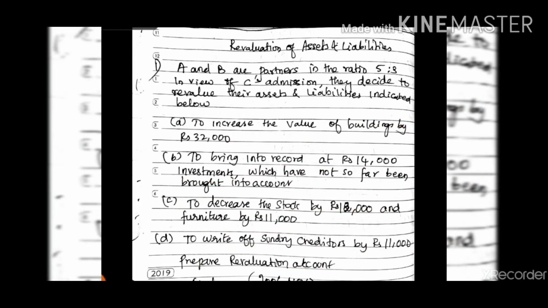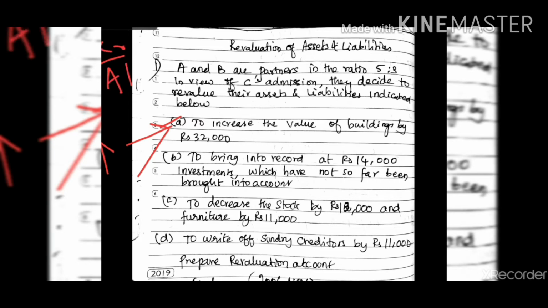Now let us go and see the answer. As you see here, first one, buildings to be increased in value. So asset value increases for the first one. If asset increases on the revaluation account, it will be recorded on the credit side.